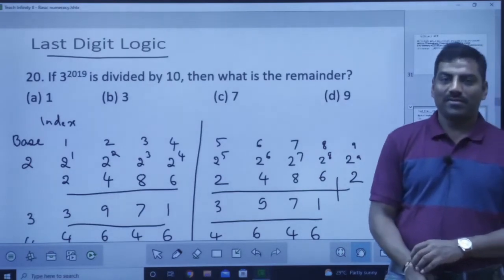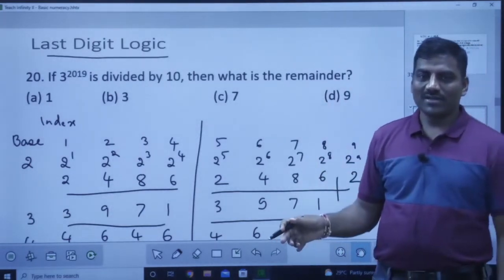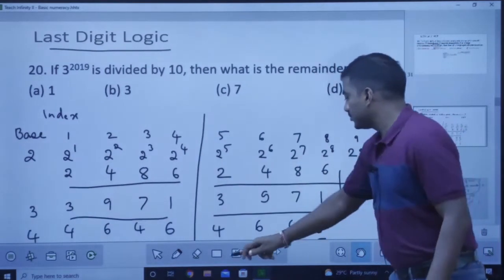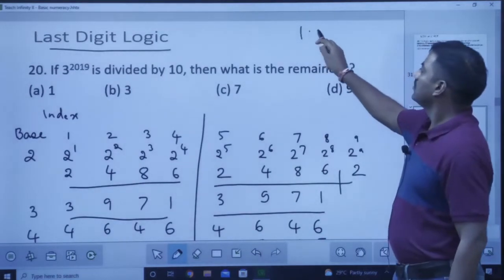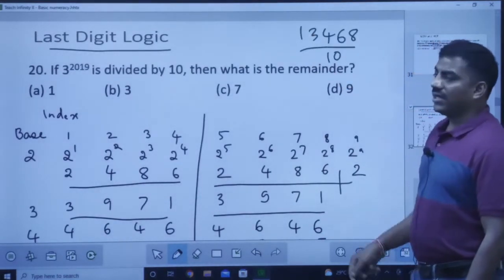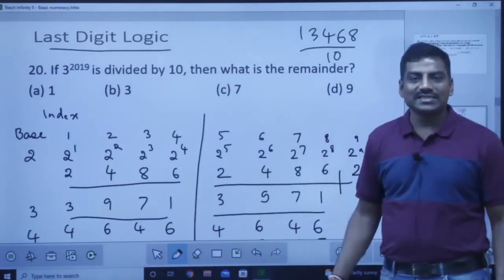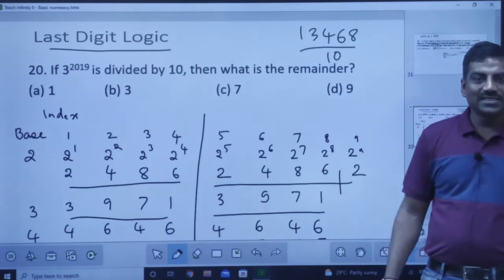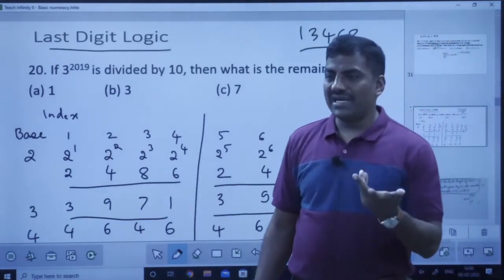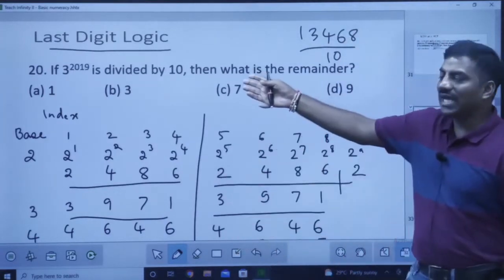The remainder is the last digit itself, right? So indirectly they are asking for the last digit. The last digit is nothing but the remainder of a number when divided by 10.